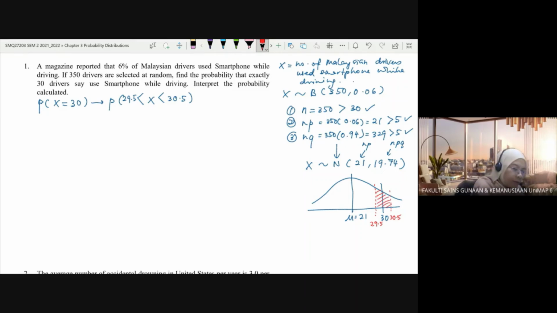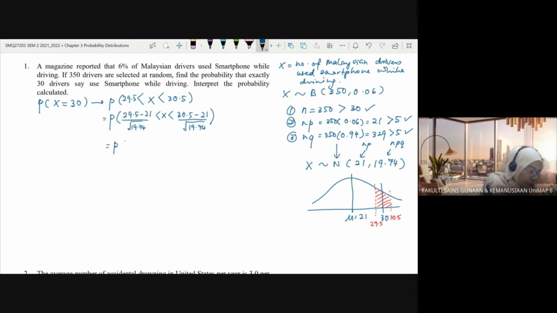Okay, so using this particular approximation, solving for the normal, you have to transform into standard normal. So let us transform to standard normal. So this will be 29.5 minus 21 divided by the standard deviation, that will be square root of 19.74. And 30.5 minus 21 divided by square root of 19.74. Okay, so calculate for this.